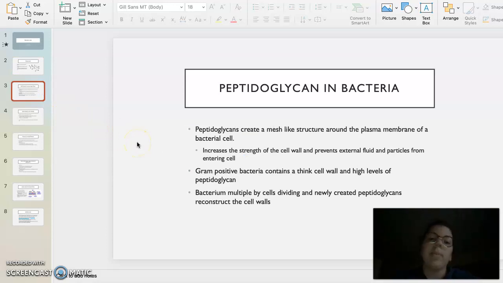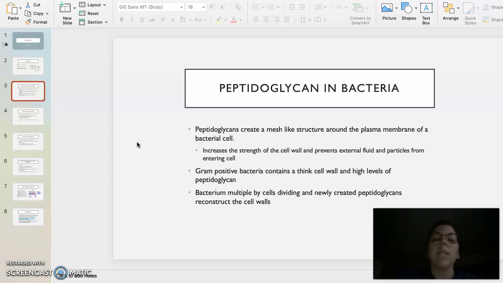So a little more about the peptidoglycan in a bacteria. Peptidoglycans create a mesh-like structure around the plasma membrane of a bacteria's cell. They increase the strength of the cell wall and prevent external fluids and particles from entering the cell. Specifically, gram-positive bacteria contain a thick cell wall and a high level of peptidoglycan.